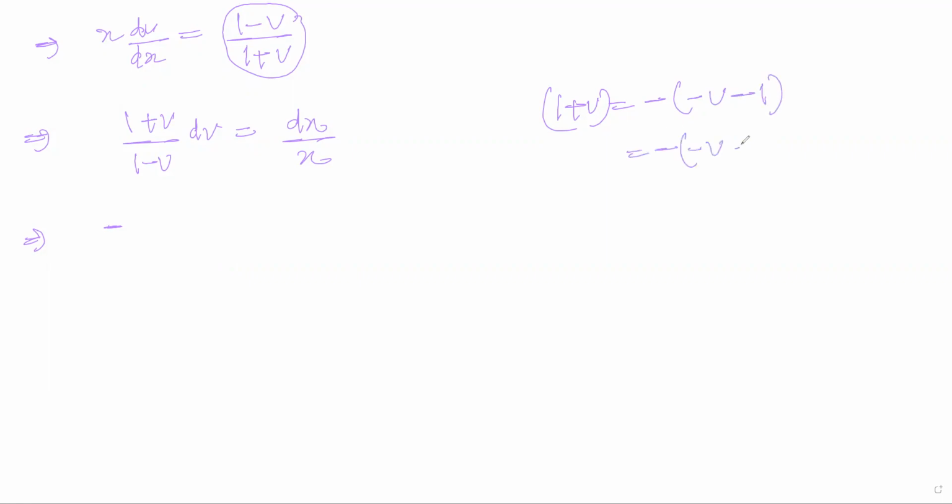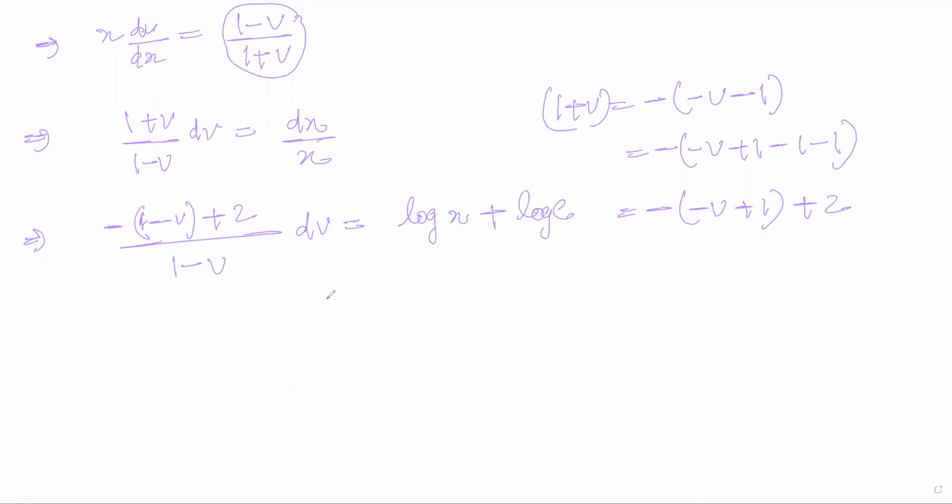After that, minus v plus 1. So just add and subtract 1. So this would be minus of minus v plus 1, plus 2. Now, why I'm doing this is minus v plus 1 is 1 minus v, right? Plus 2 divided by 1 minus v into dv. We know why we are writing this, right?